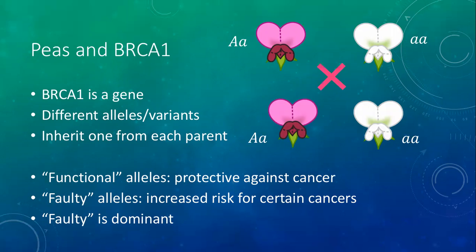Now, why didn't I put the case of the big A genotype on here? Because unfortunately, or fortunately, that depends on your view, BRCA1 is so important that the big A genotype, so 2 faulty alleles, is lethal in the embryonic stage.